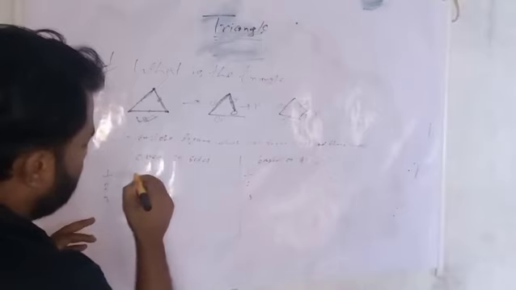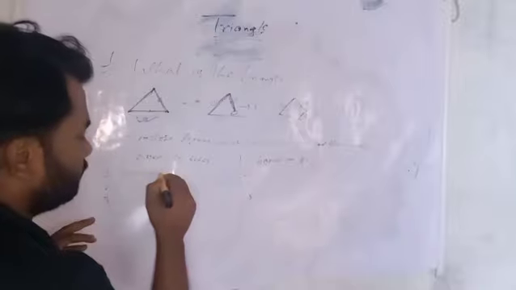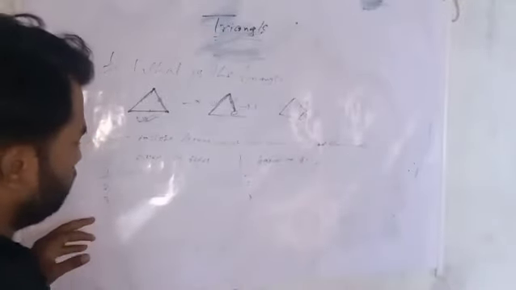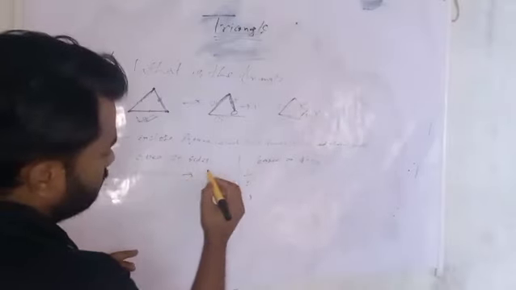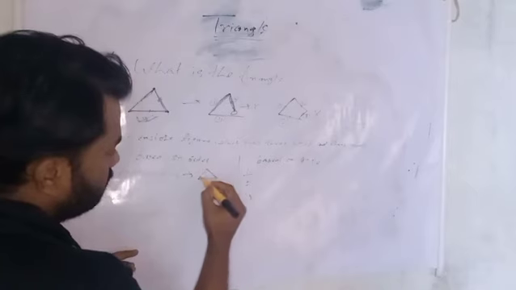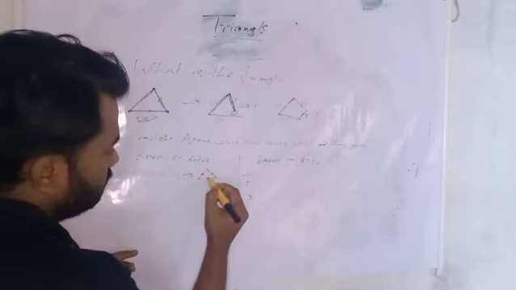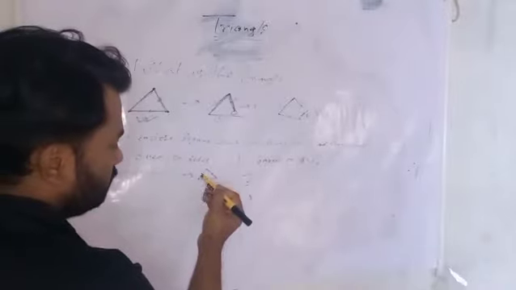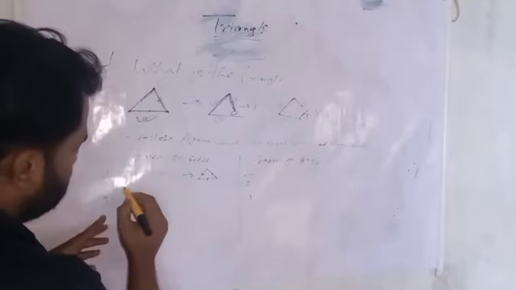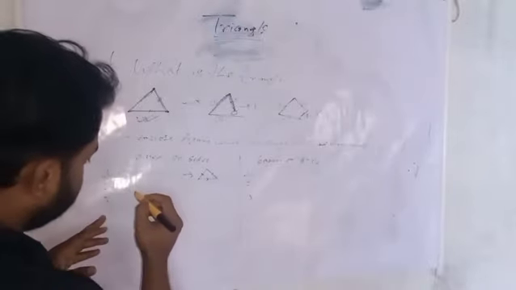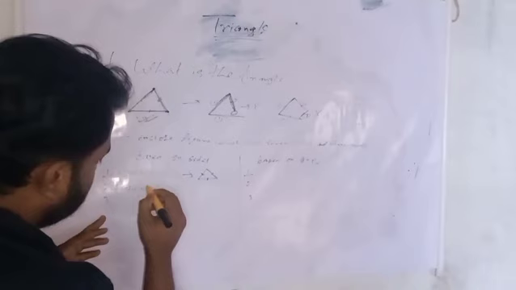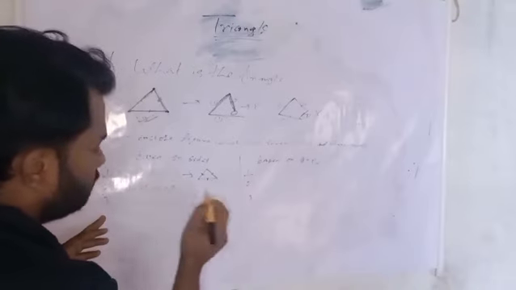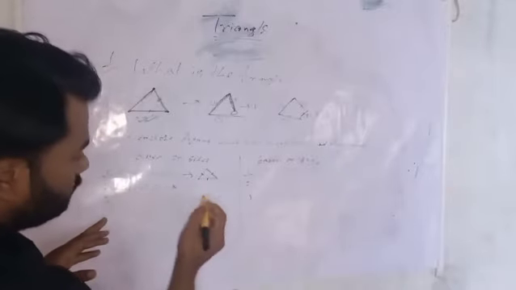Based on their sides, the first triangle's name is equilateral triangle. It means a triangle which has all sides equal. Next, isosceles triangle. Iso means 2.